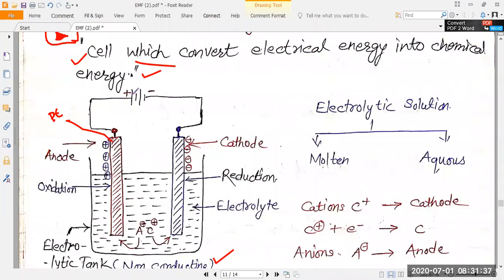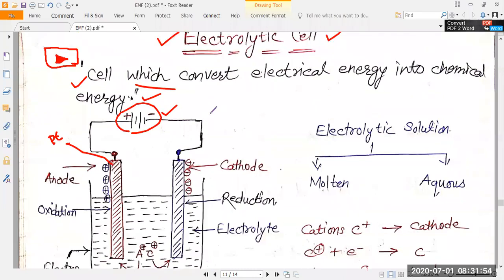In an electrolytic cell, the input is a source of electrical energy, so for that we put a battery. The electrolytic cell converts electrical energy into chemical energy, so as input we have to give electrical energy.